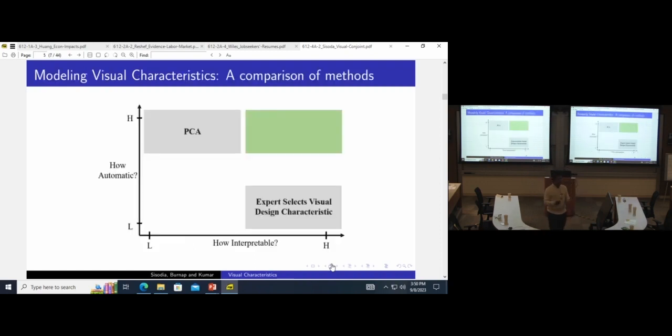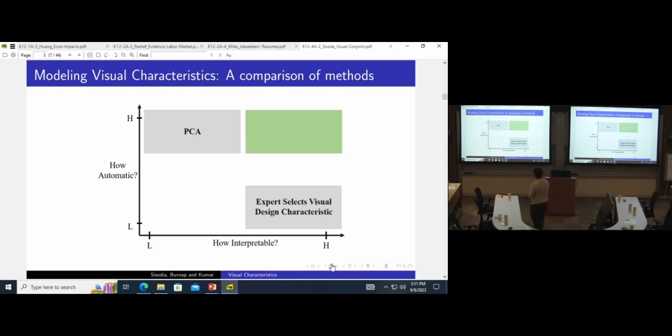You might think that images have long been used in marketing or economics, but what's really different in this project? So typically the way people obtain visual characteristics from images vary along two aspects. How automated is the method and how interpretable are the characteristics. So a method like PCA, which has been there for a long time, is automatic, but it does not yield interpretable visual characteristics.